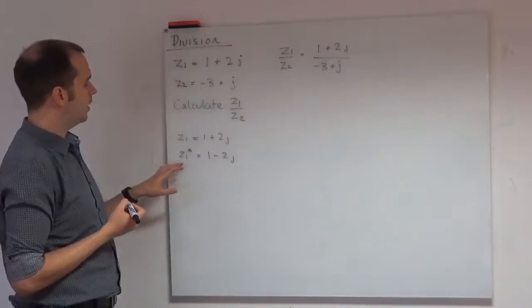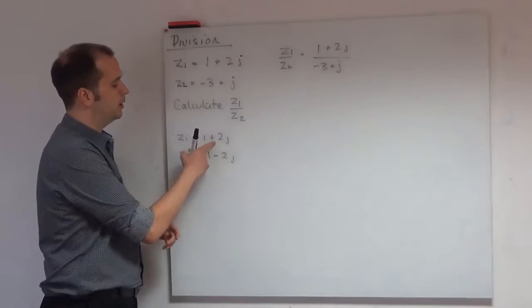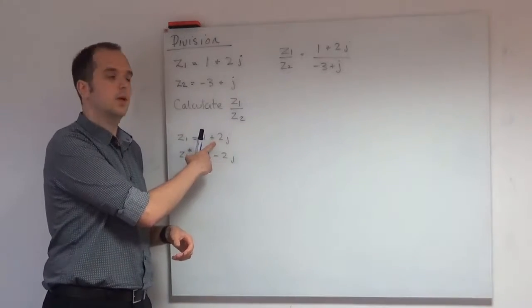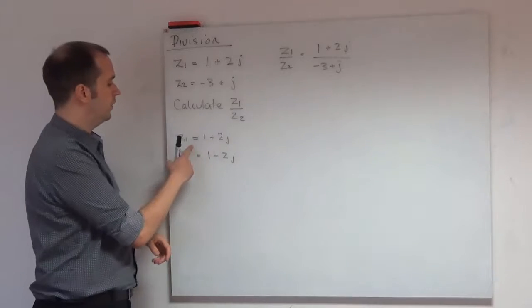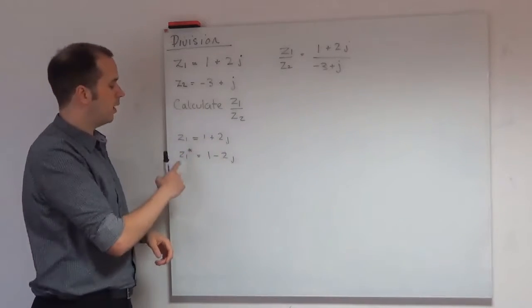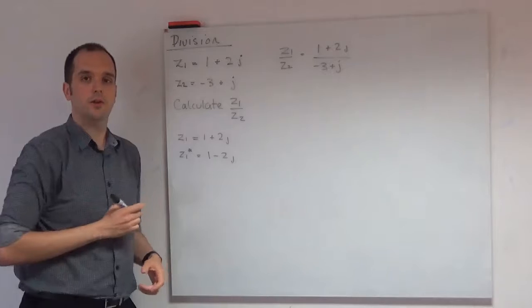To find the complex conjugate, all we do is change the sign in front of the imaginary term. So for z1 it was 1 plus 2j, so its conjugate would be 1 minus 2j.